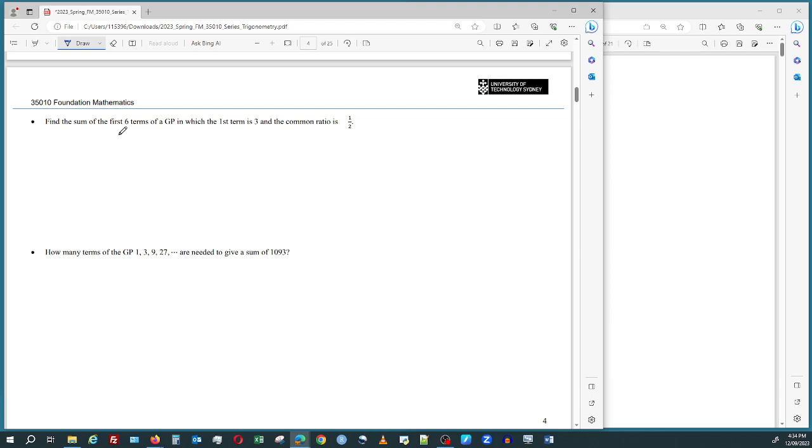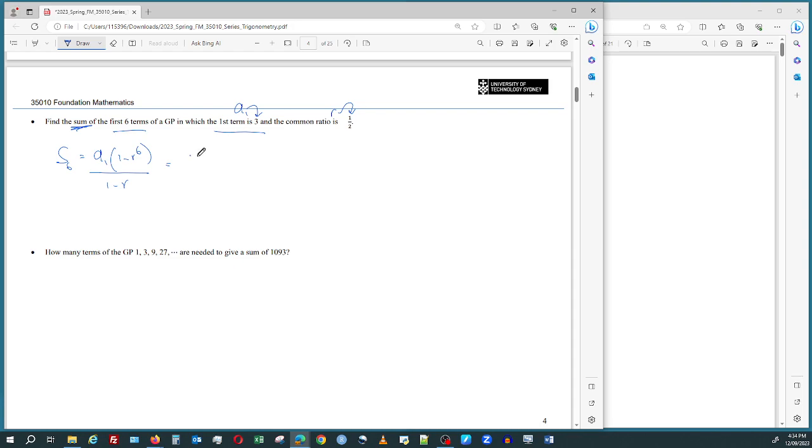All right, so of the first 6 terms, first term is 3. Oh, it's given us A1 and the ratio, the half. Okay, so the sum of the first 6 terms is the first term, 1 minus R to the 6 over 1 minus R, because it's now wanting the sum.